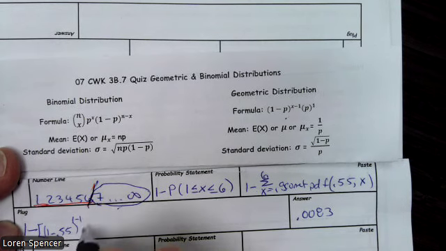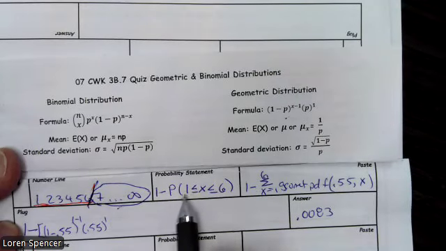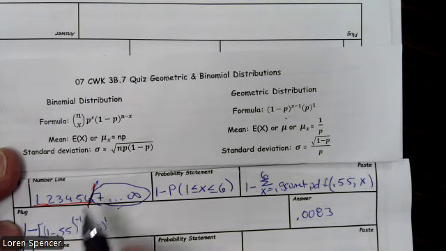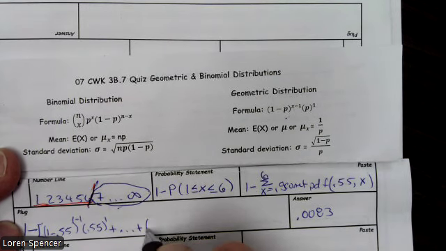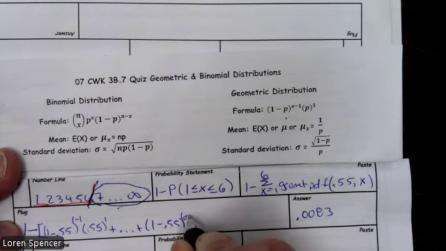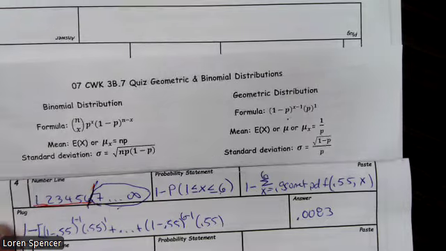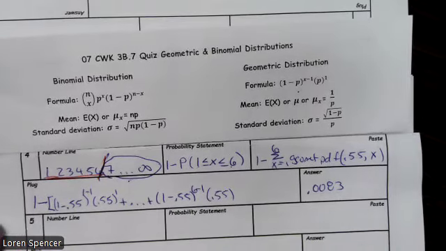And this is 1 minus 1, 0.55 to the first, because that's our smallest one. That's where we use the 1, plus dot, dot, dot, plus 1 minus 0.55, 6 minus 1, that's our highest value, times the 0.55, and then close our parentheses. Okay? All right.